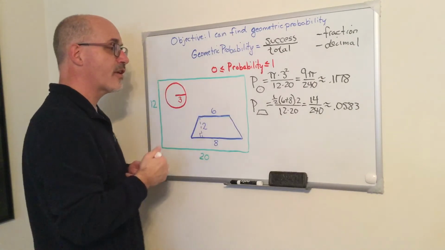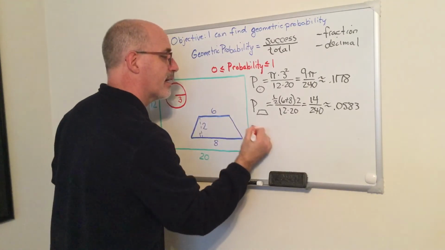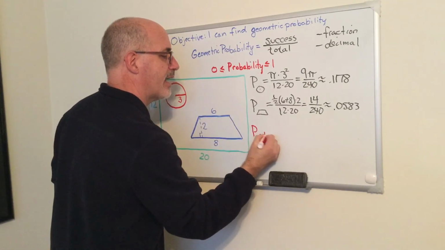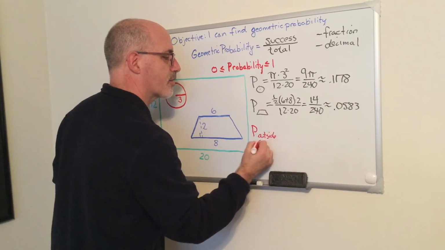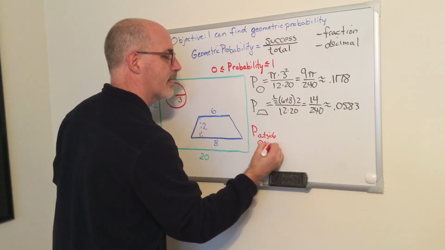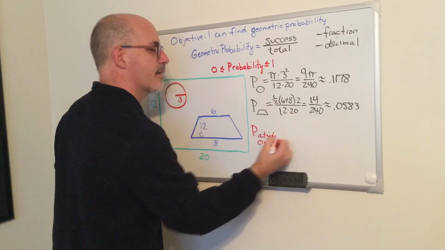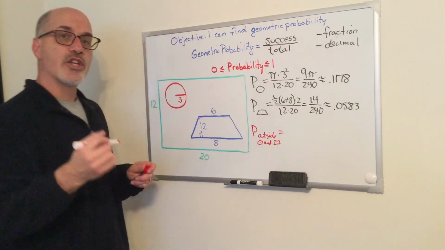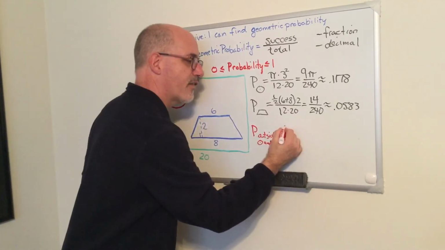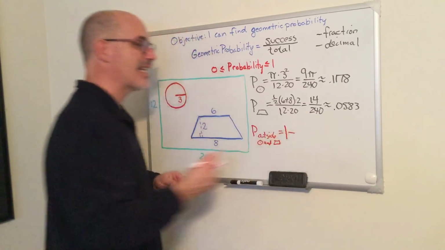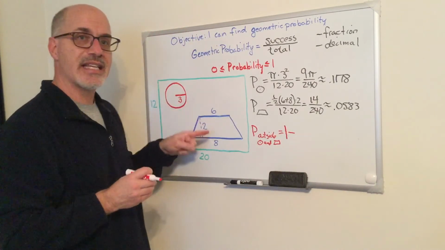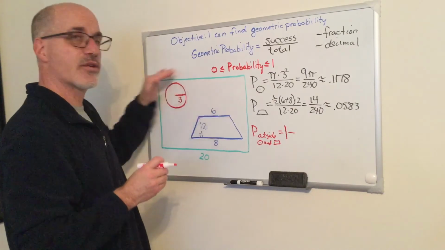So to figure out the probability of outside the circle and the trapezoid, if it's outside a figure like that, you always take 1 minus the probability inside, because that's all the space around it.